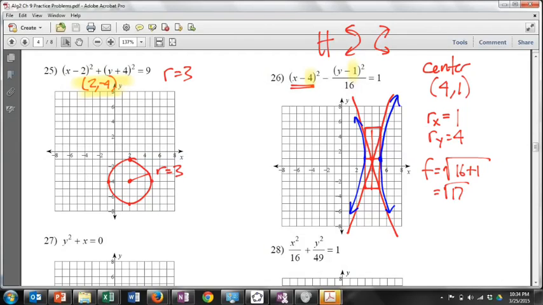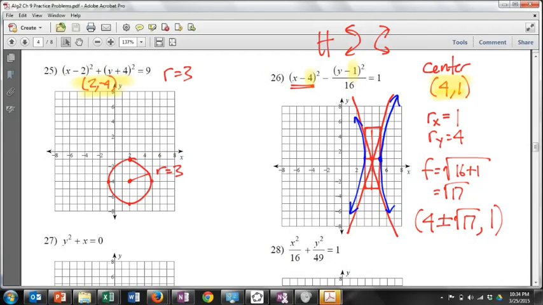Now remember, F is the distance from the center out to the focus point, not from the vertex, from the center. So from the center again is up here at 4, 1. So my focus points are going to be 4 plus and minus square root of 17, 1.